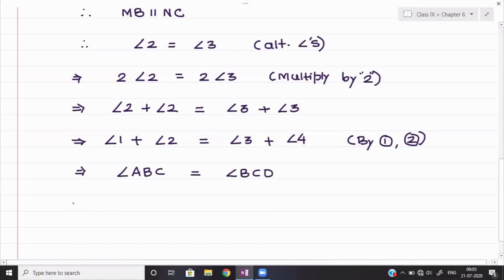We can say that these are alternate angles. So when alternate angles are equal, we can say that the lines are parallel. So AB is parallel to CD. This was required to prove in the question.